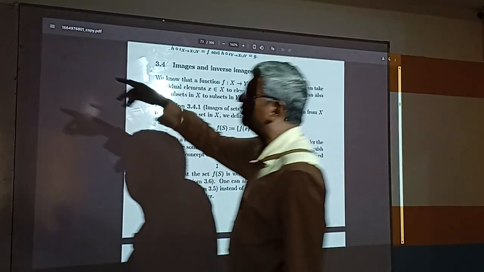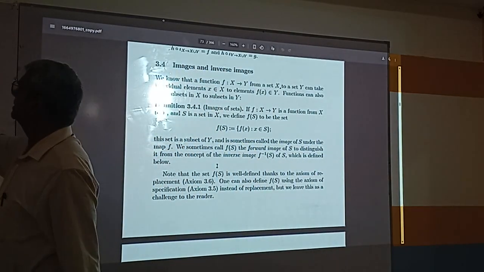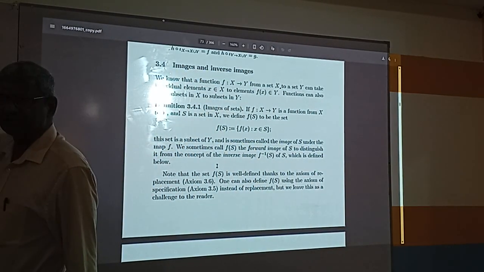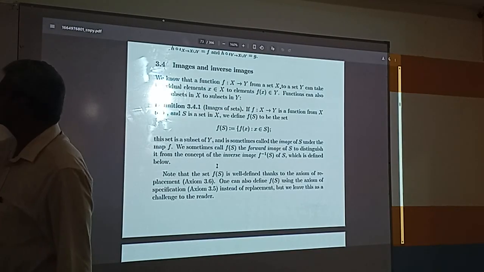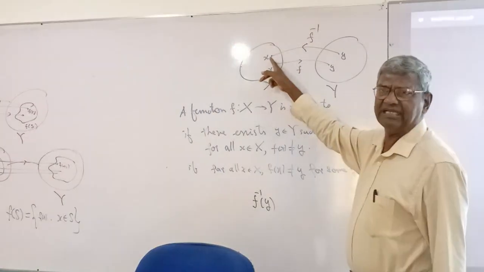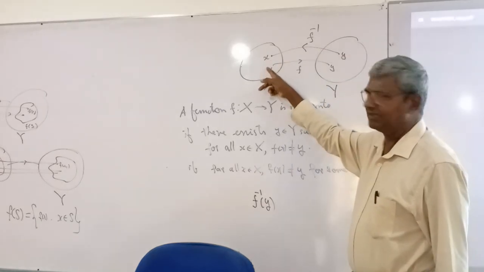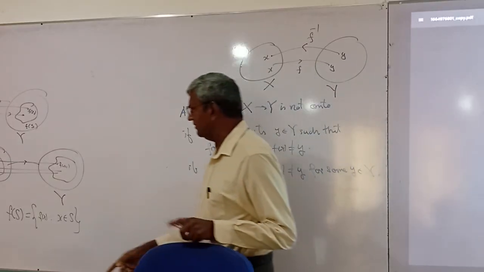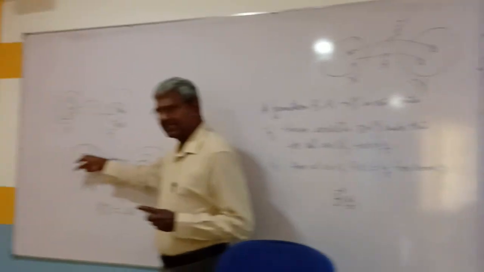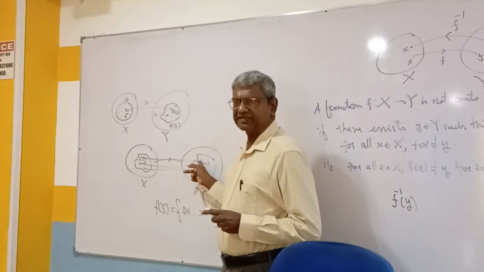But if f is 1 to 1, then you can talk of f inverse going back. Because if it is 1 to 1, if you take any y here, there is one x here. Y matches to x. That is the property of a function. Now, if you take any x here, there is one f(x).